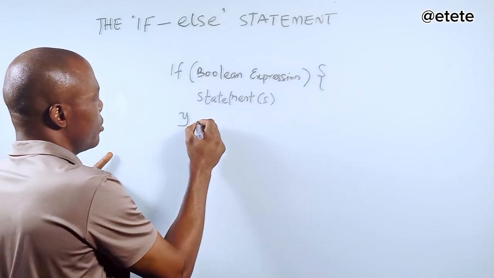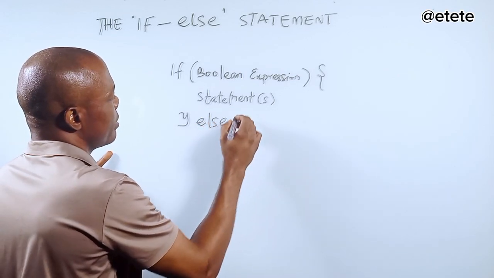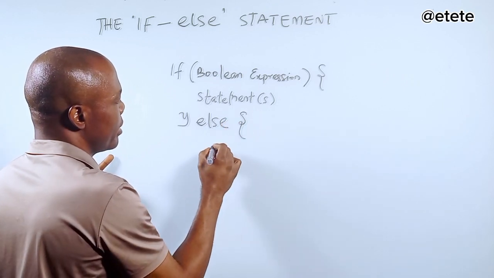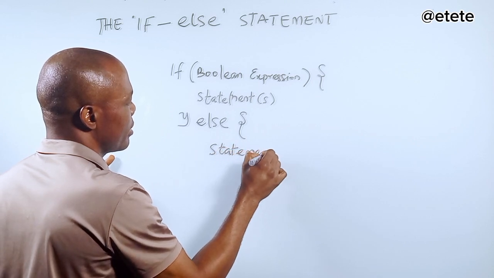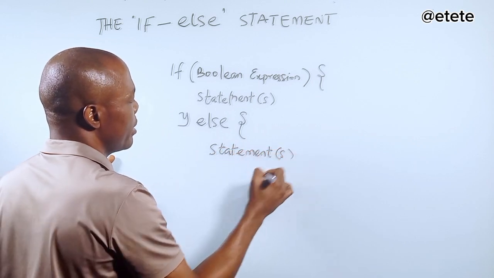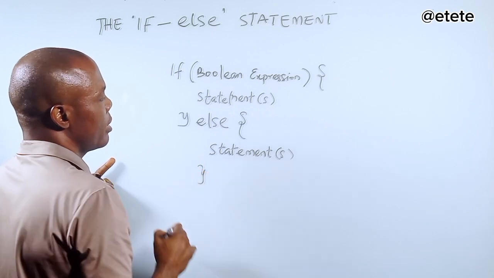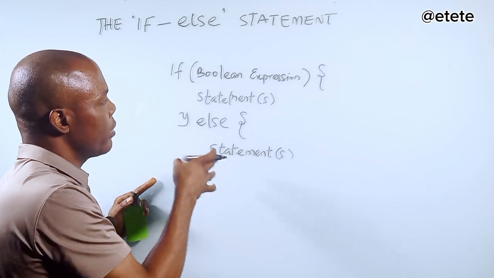Else, so you can write the else here, right? Else, then you open another curly bracket, and then you print out the else statement or statement, and then you close the curly bracket, right? So this is the syntax for if else.